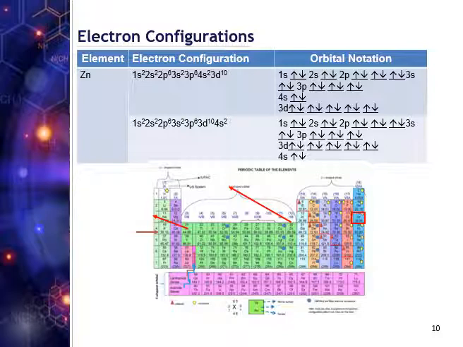Although zinc's on the fourth level, the d's drop back one level, 3d10. And what they do is they rearrange it to put the d on the third level with all the other third levels. So they rewrite it 1s2, 2s2, 2p6, 3s2, 3p6, 3d10, 4s2. Notice that the d can hold 10 electrons.